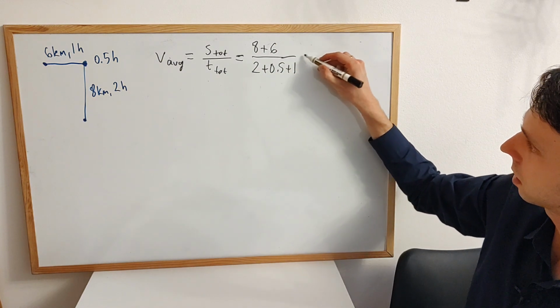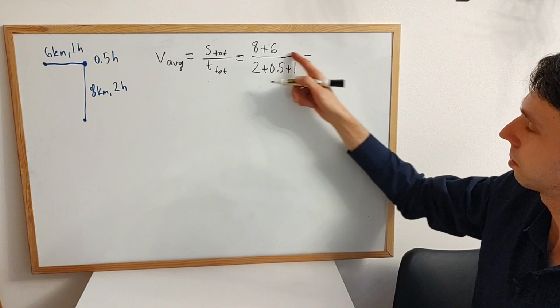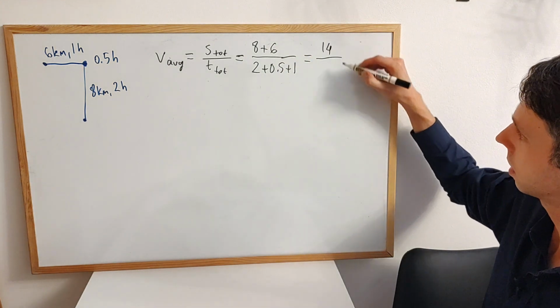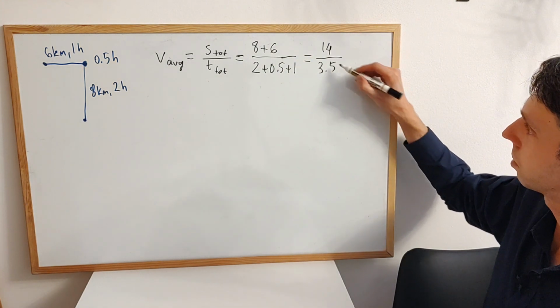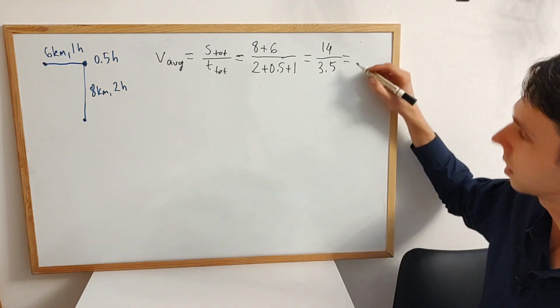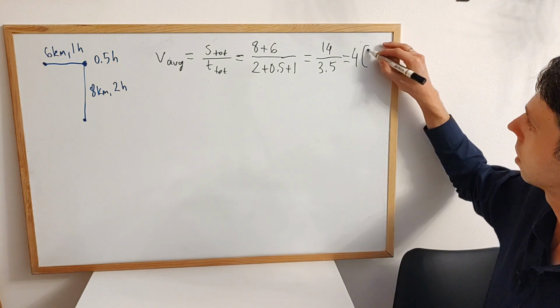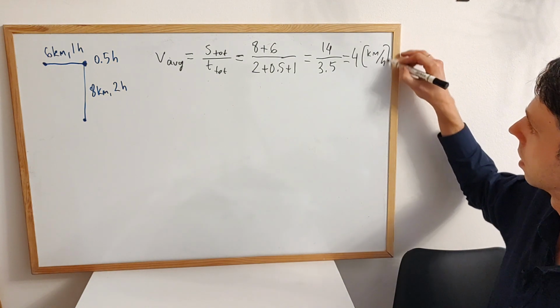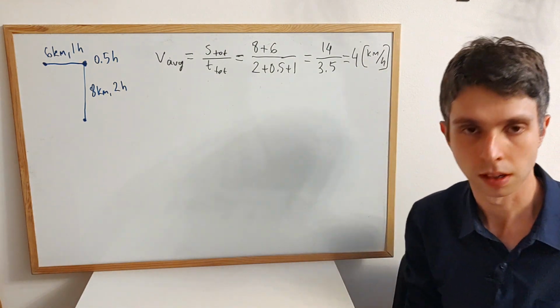So what do you get? 8 plus 6, 14, divided by 3.5. So it's exactly 4 kilometers per hour. That's the average speed.